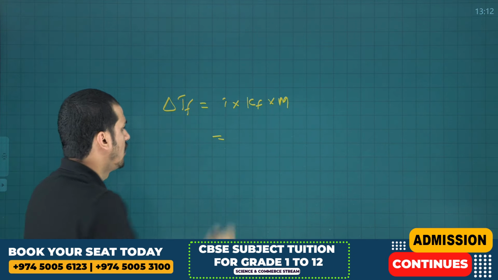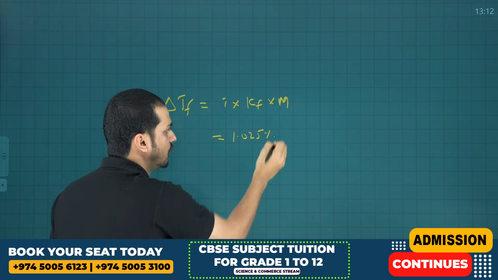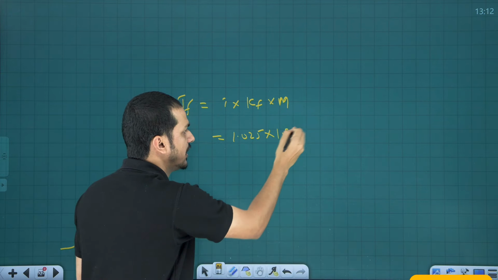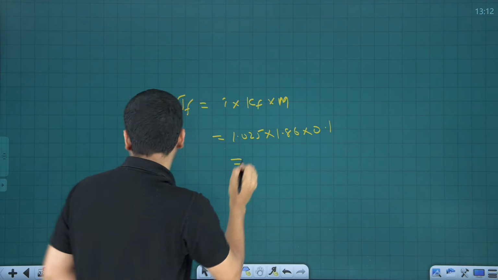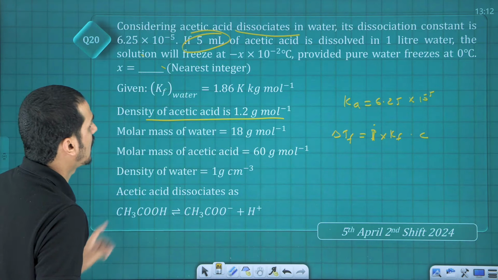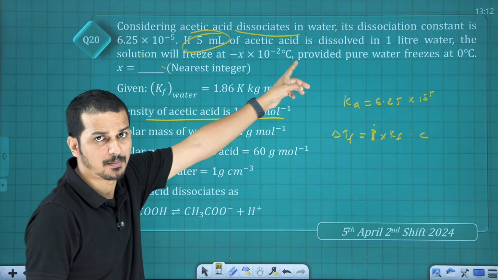So i is 1.025, Kf is 1.86, molarity is 0.1. Once you multiply this, your answer should be in power of 10 to the power minus 2.